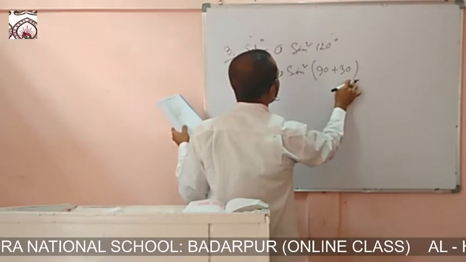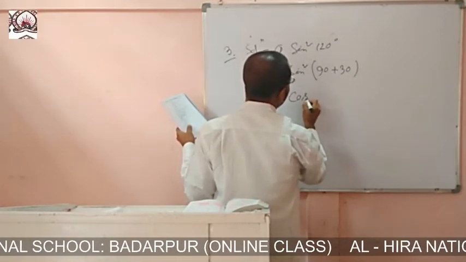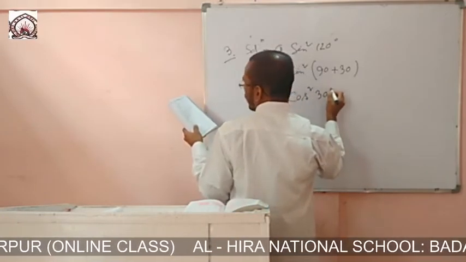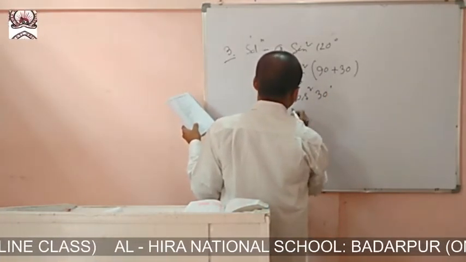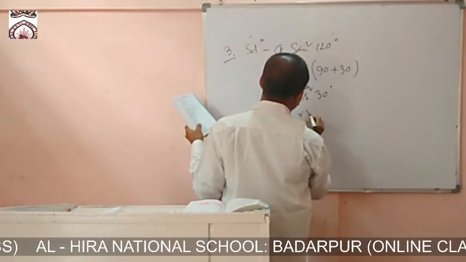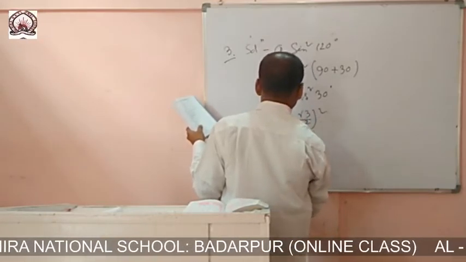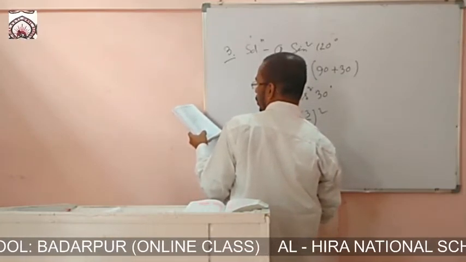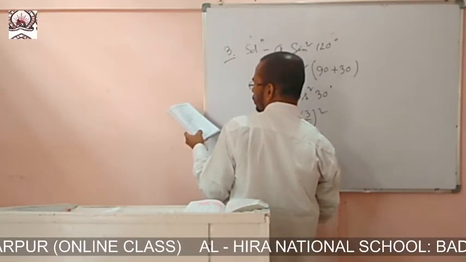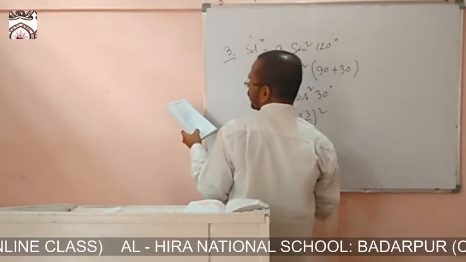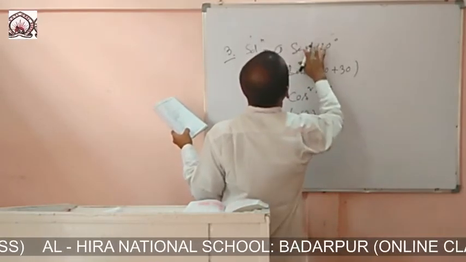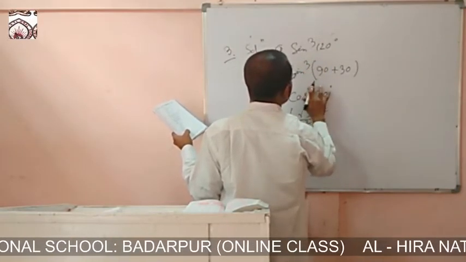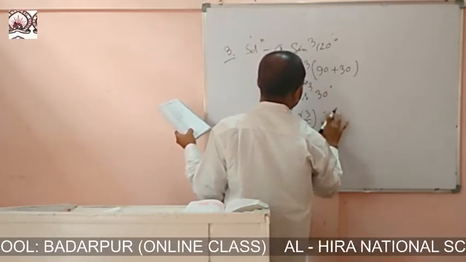Sin 90 plus theta is cos theta. So this will be cos square 30. So cos square 30 degree means cos 30 value is root 3 by 2 whole square. So it will be root 3 square is 3, and 2 square is 4. This one is sin cube, not square, this is cube.